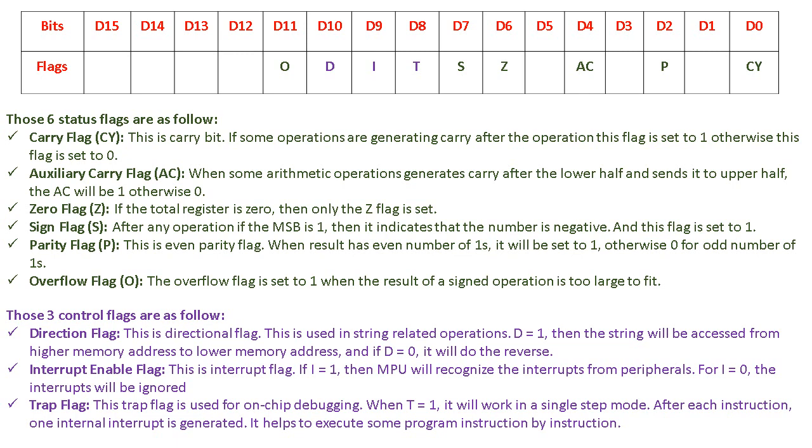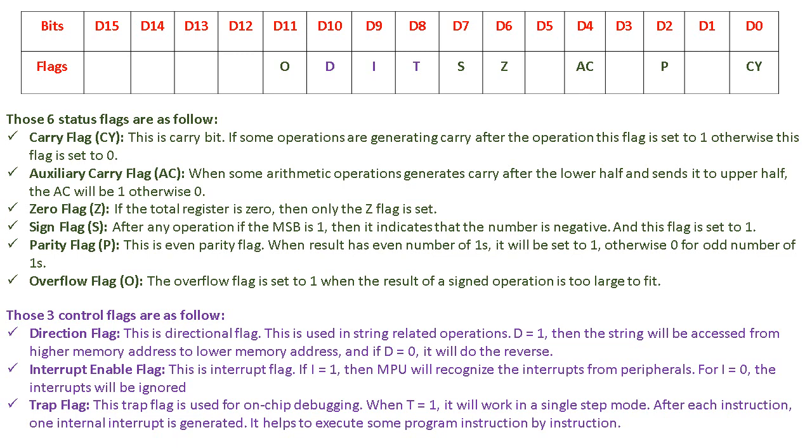If you count the number of ones and the count is even, then this parity flag will be set to 1, otherwise 0 for an odd number of ones. So if the total number of ones is odd, then the parity flag will be set to 0, otherwise the parity flag will be set to 1.